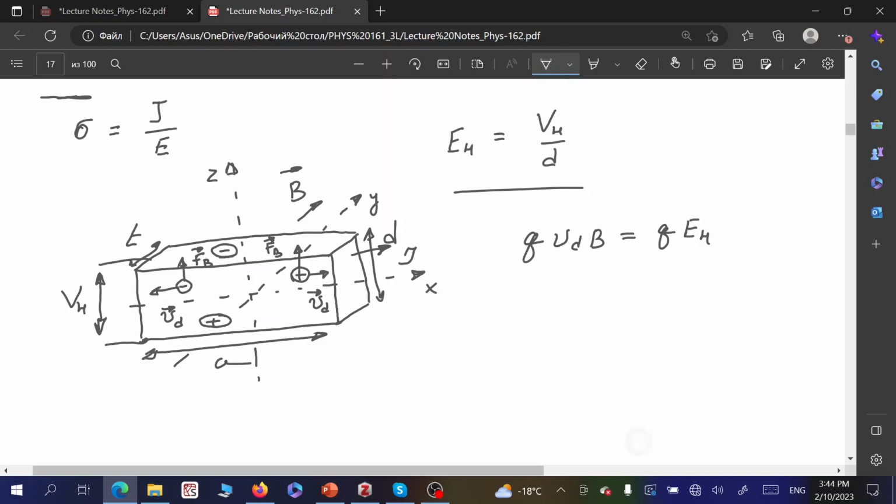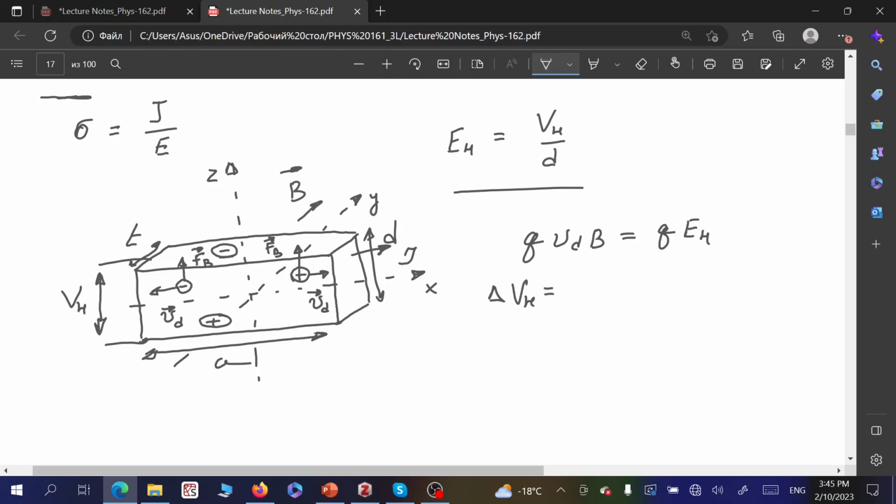We know the current, or maybe let us express the whole voltage.